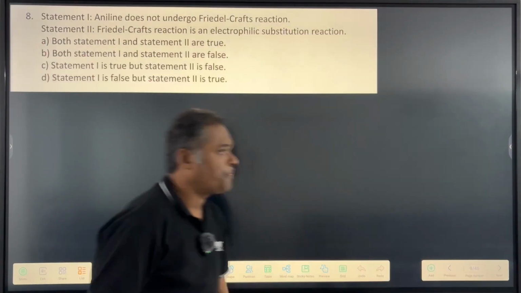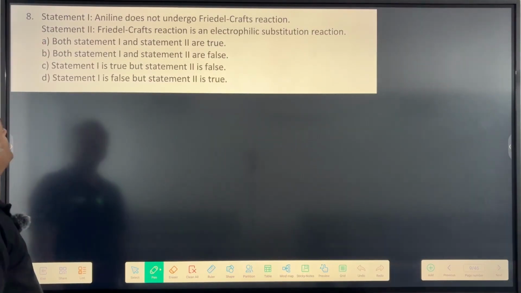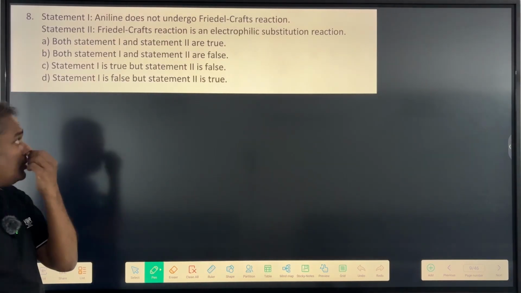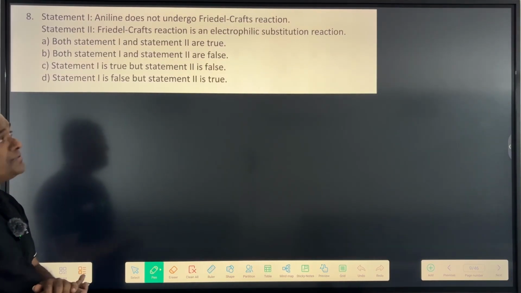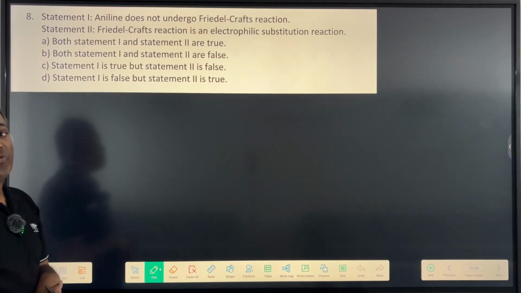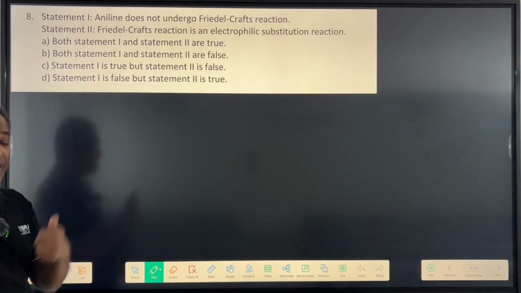What we have over here, child, is a question where you have statement 1 and statement 2. First point: aniline does not undergo Friedel-Crafts reaction. Yes, child.